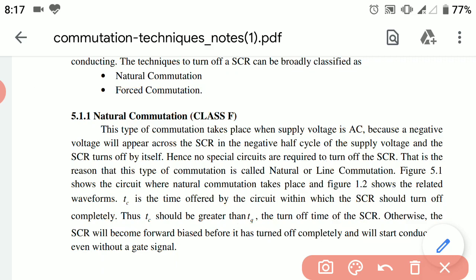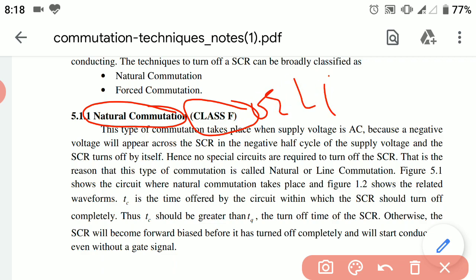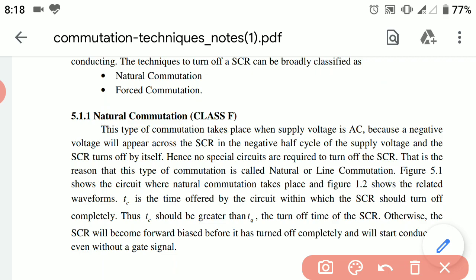We will discuss first of all the natural commutation technique, that is the class F commutation technique, also known as line commutation. In this technique, the must condition is that the supply voltage should be AC.